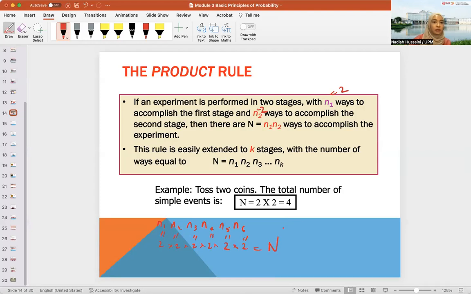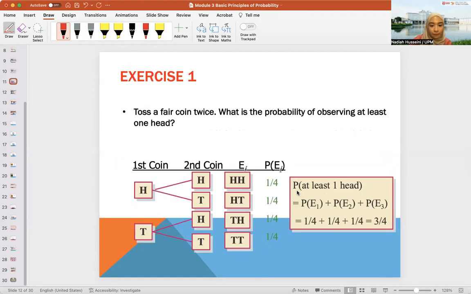So let's compare with the one that we listed out manually. Example, toss 2 coins. The total number of simple events is 2 times 2 equals 4. Let's compare. This was the example that we talked about earlier: toss a fair coin twice. We just want to know the number of events.